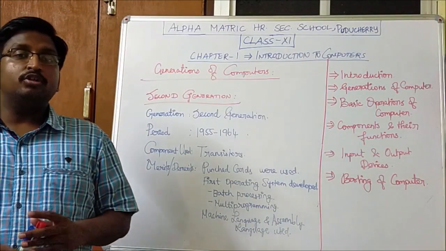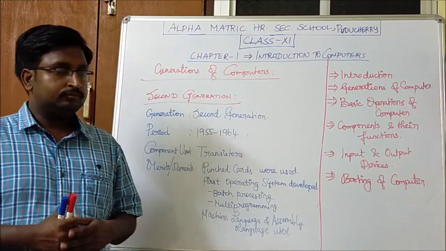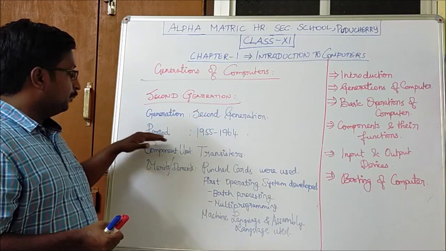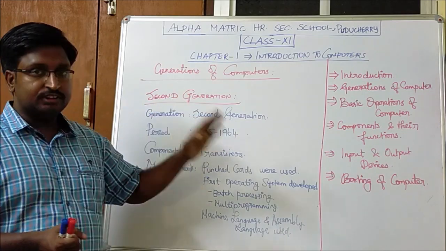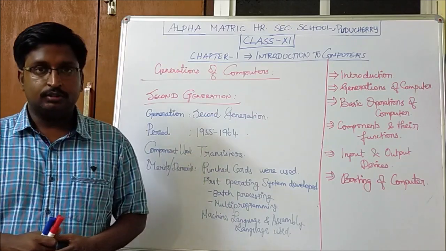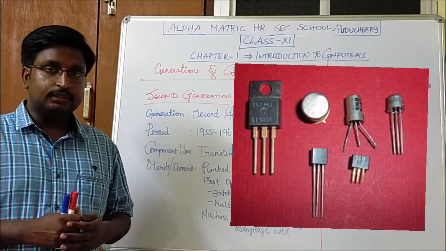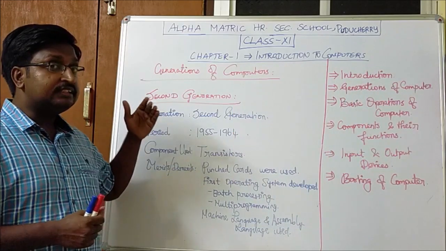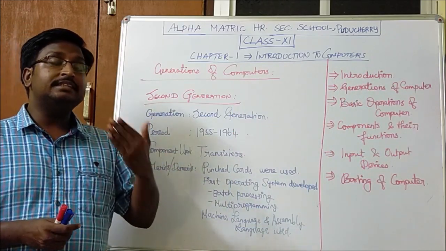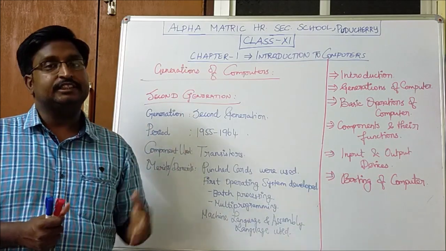Next we are going to see the second generation. The period is 1955 to 1964, and the component they used is transistors. This is the image of the transistor, and by using it they overcame the disadvantages they faced in the first generation.